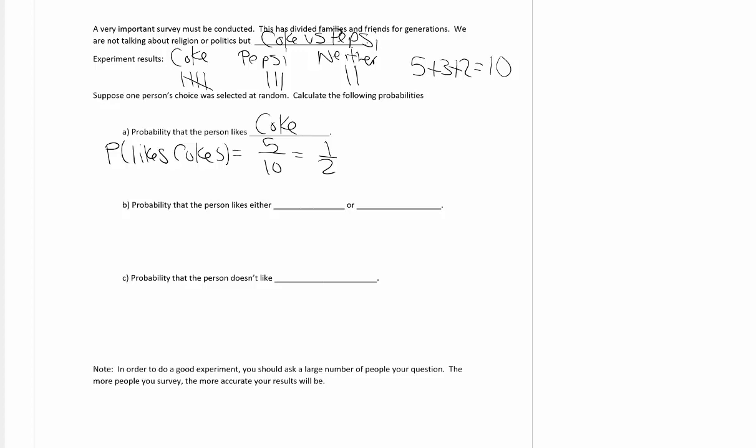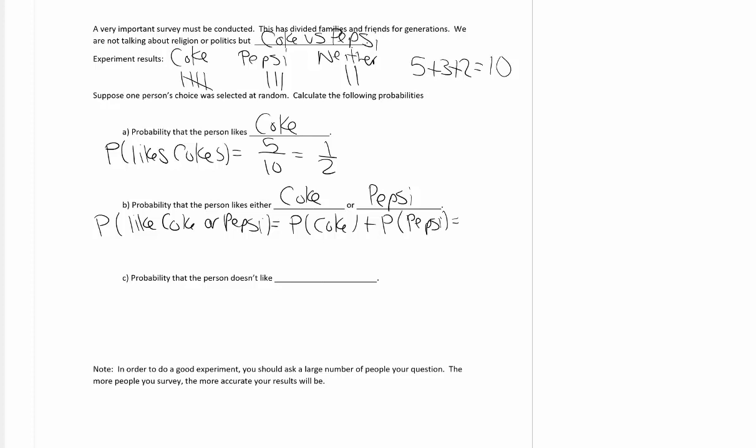Okay, part B. Probability that the person likes either Coke or Pepsi. The probability the person likes Coke or Pepsi is really the same thing as the probability the person likes Coke plus the probability that the person likes Pepsi.